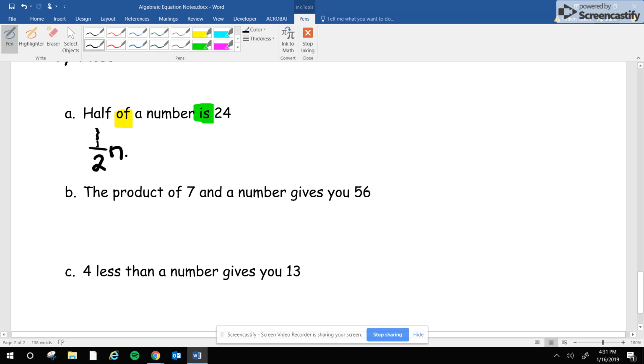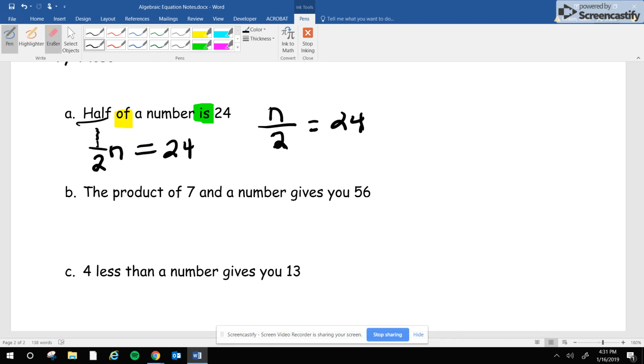So we'd write 1/2 n is, meaning equals, 24. Now, we also know that when you take half of a number, since we're taking half of n, we can also divide it by 2 and get 24.